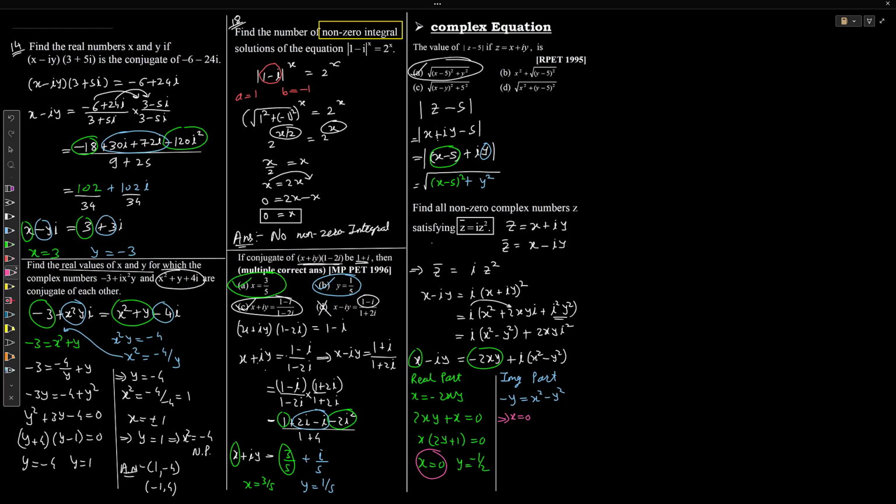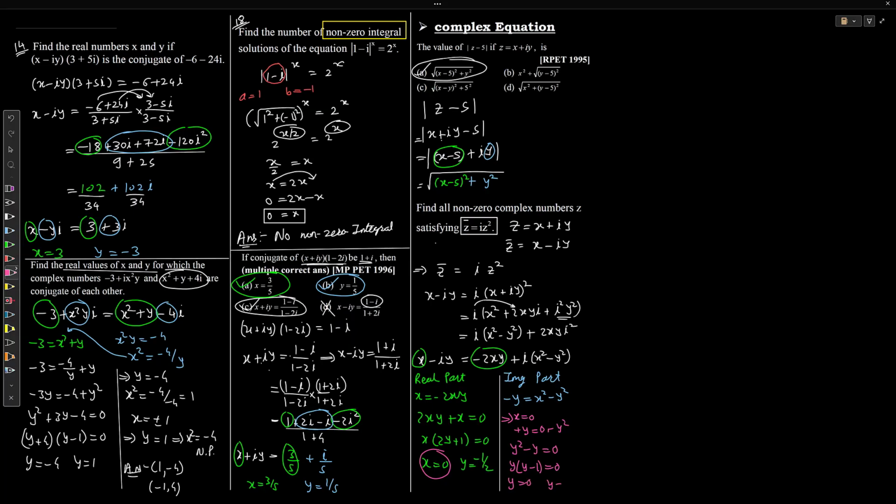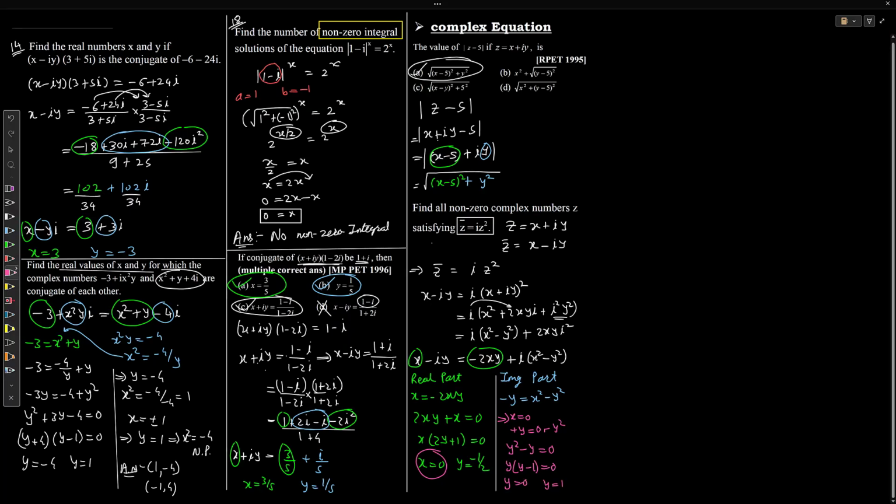So we'll get minus y equal to 0 square minus y square. Minus minus become plus. Y cut? No, don't cut. Yes. y square minus y equal to 0. Y common, we'll get y into (y minus 1). So we'll get two options, 0 and 1.